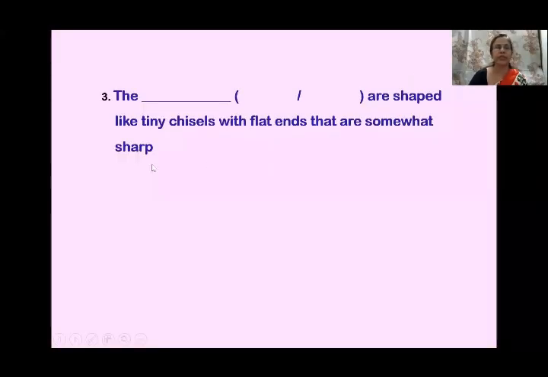Now the next question is, the dash are shaped like tiny chisels with flat ends and are somewhat sharp. So if you remember, while studying types of permanent teeth, 4 types of teeth were discussed. So you have to tell which type of teeth was of the shape of tiny chisels.